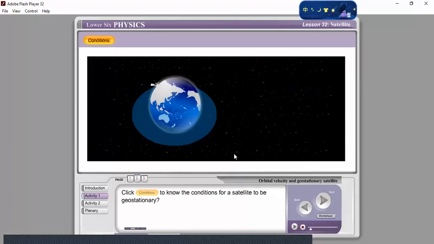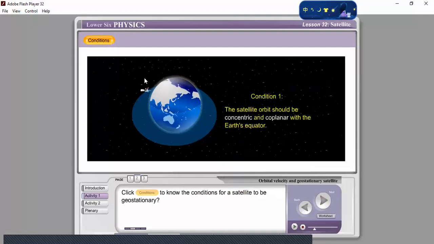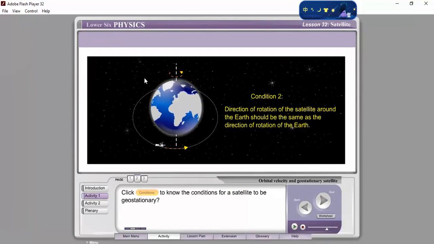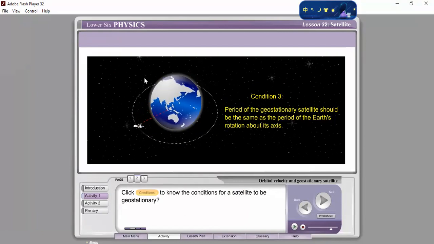Click Conditions to know the conditions for a satellite to be geostationary. Condition 1: the satellite orbit should be concentric and coplanar with the Earth's equator. Condition 2: the direction of rotation of the satellite around the Earth should be the same as the direction of rotation of the Earth. Condition 3: the period of the geostationary satellite should be the same as the period of the Earth's rotation about its axis.